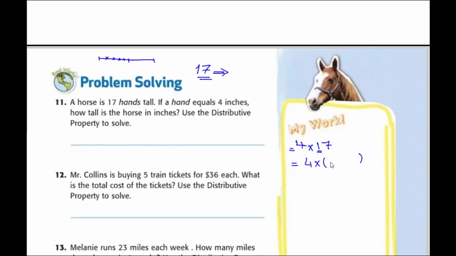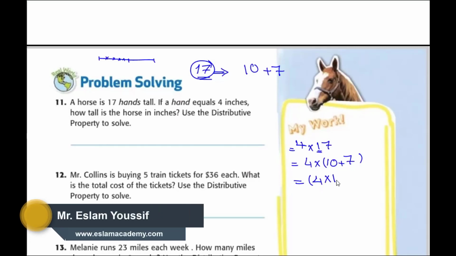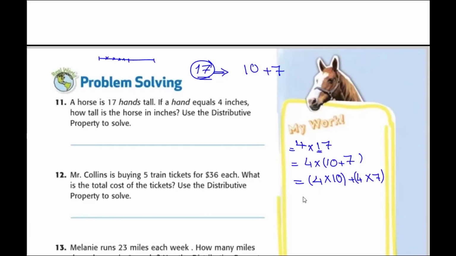10. Yes, 10 plus 7. Not multiply, plus 7, because 17 equals 10 plus 7. And then 4 multiplied by 10 and 4 multiplied by 7. 4 multiplied by 10 equals 40, plus 4 multiplied by 7 equals 28.